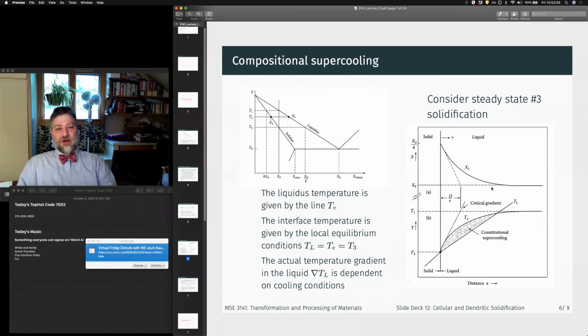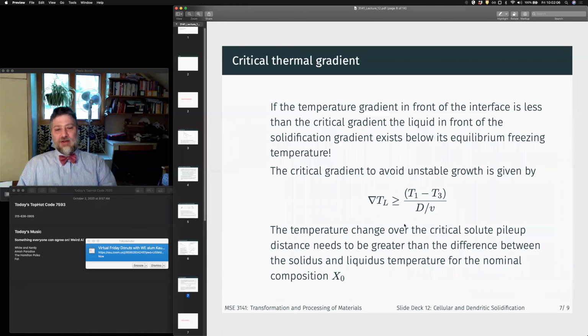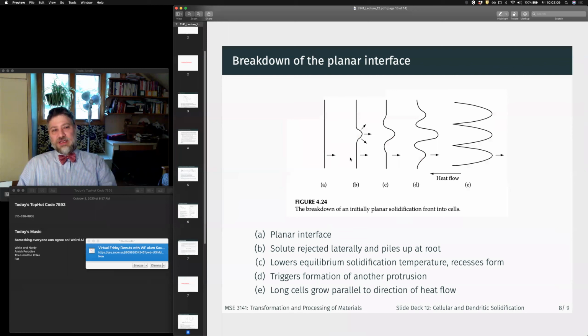We're going to review this again on Friday. But what happens is we get a small little protrusion that forms, and it doesn't quite grow into dendrites the same way as the pure thermal case, because I'm now rejecting solute in 3 directions, which means I'm going to increase the concentration locally here faster, which is going to retard the growth right near the root of this protrusion.